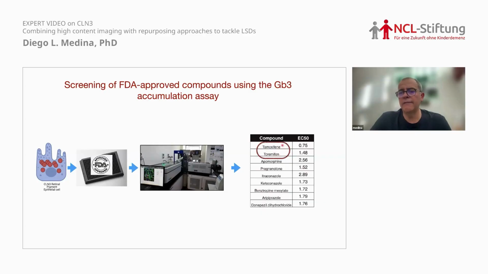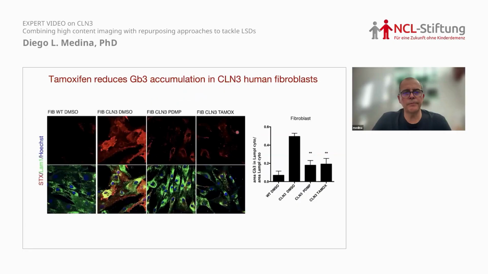The fact that we identified two compounds of the same family triggered our curiosity, and we decided to study in more detail the role of these compounds in clearing GB3 accumulation in Batten disease models. So first of all, we confirmed that tamoxifen reduced GB3 accumulation not only in our genetically engineered cellular line, but also in CLN3 human fibroblasts.